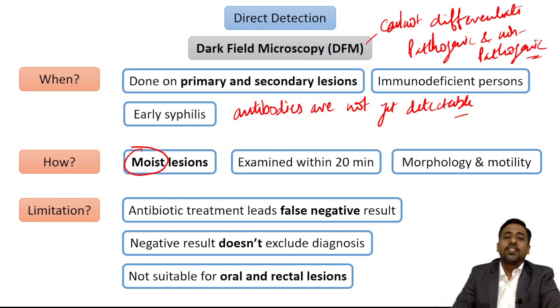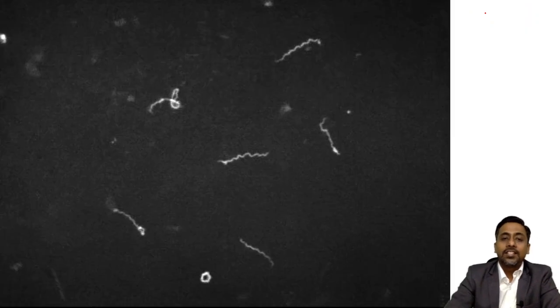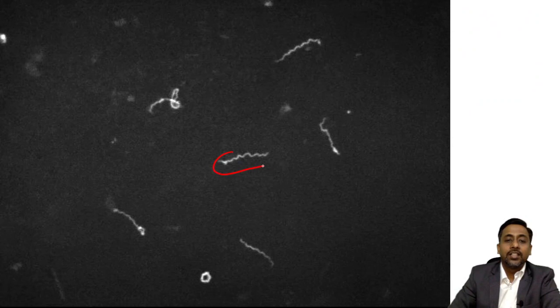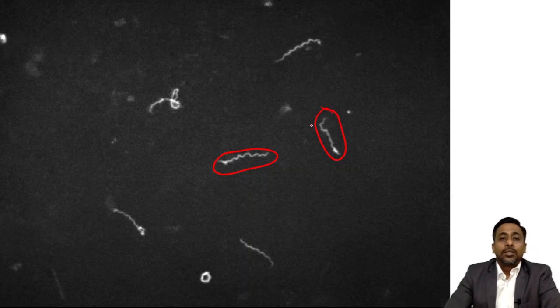So that's why it is not suitable for oral and rectal lesions. Remember this. You can see in this image this thin coiled structure in dark field microscopy prepared from a lesion. So dark field microscopy is clear.